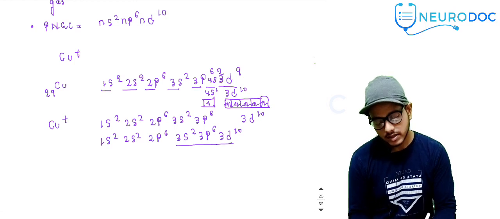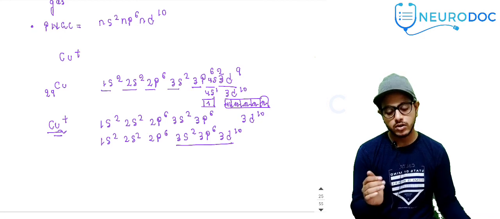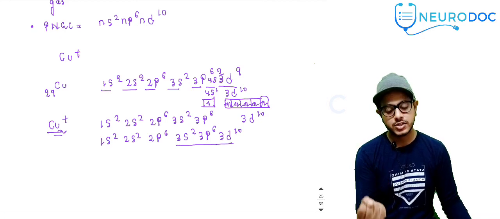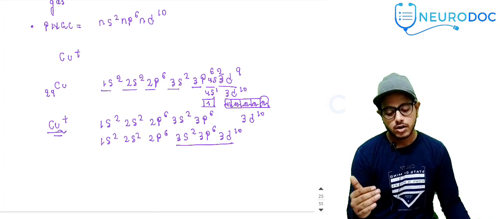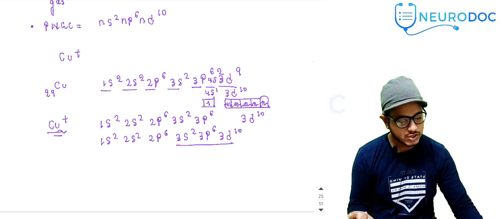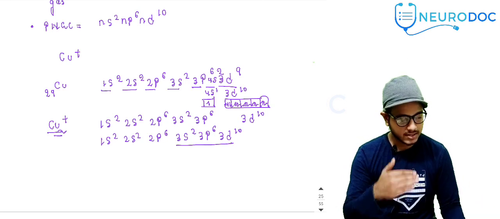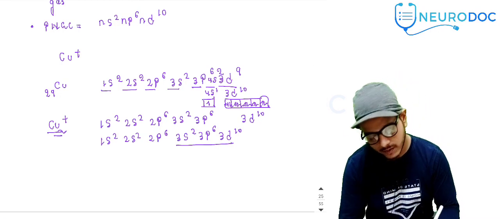So, Cu+ has very high polarizing power. As I told, pseudo noble gas configuration has more polarizing power. Now, in the periodic table, you can see copper. There are 3 elements which lie one below the other. They are copper, silver, and gold: Cu, Ag, and Au.